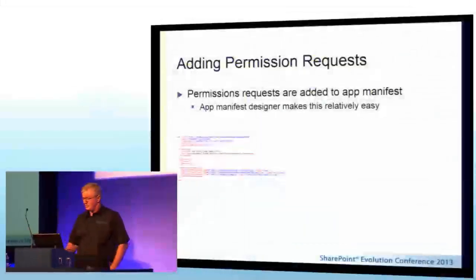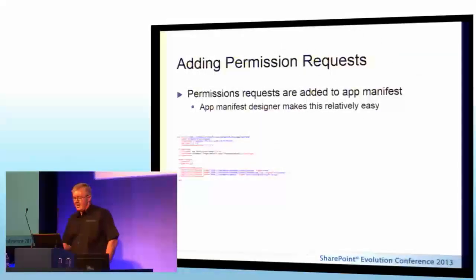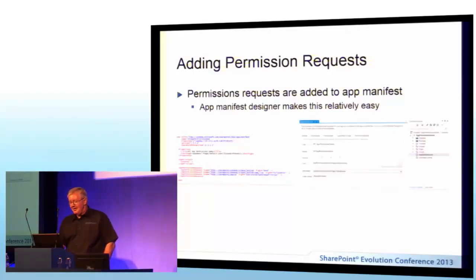Now, the way things are going to work is that we have to add permission requests inside there. I've put that intentionally small to not have you focus too much on the details of what's inside here. So we have this permission designer.